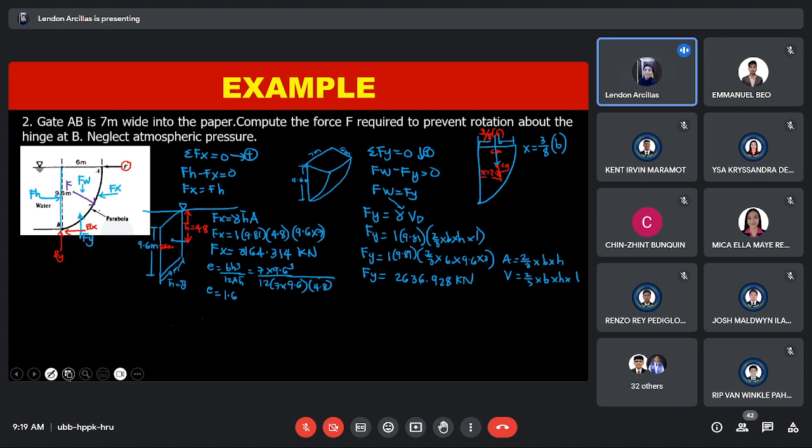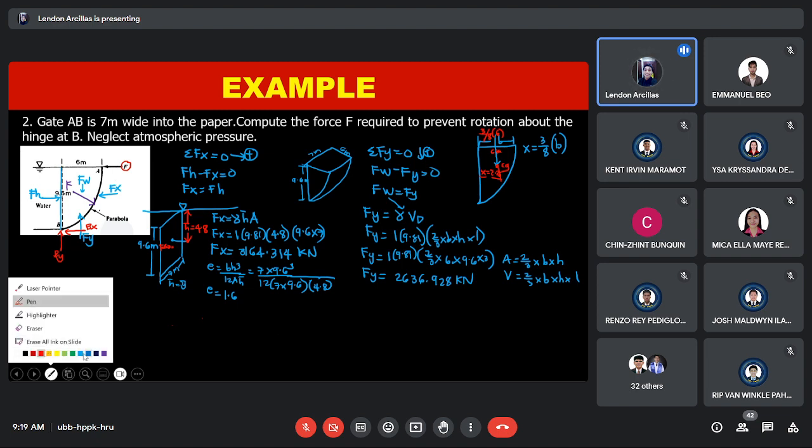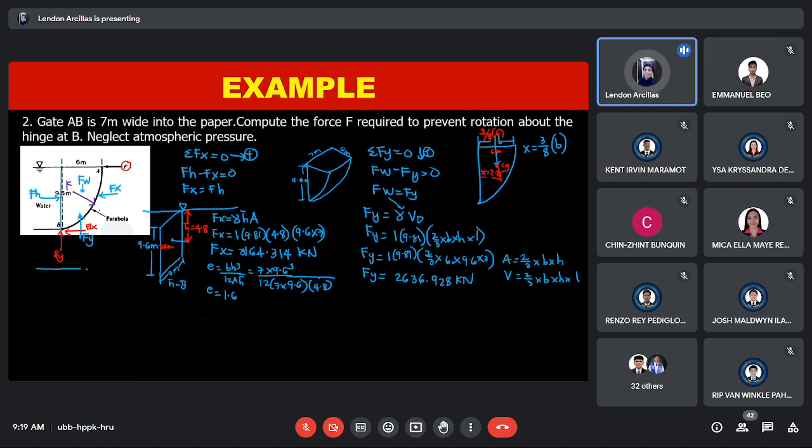So let's draw the free body diagram for this one para mag-take ng moments tayo. Okay, so this is our B sub Y. Ito.